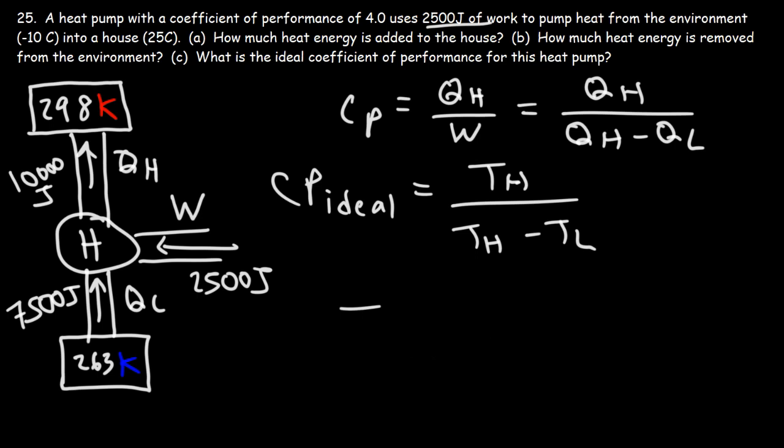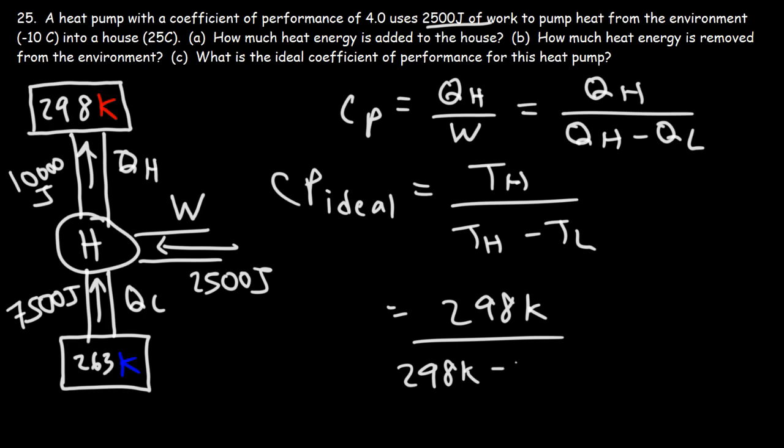So let's go ahead and finish this problem. TH is 25 plus 273, that's 298 Kelvin. And TL is 263 Kelvin. 298 minus 263 is 35.